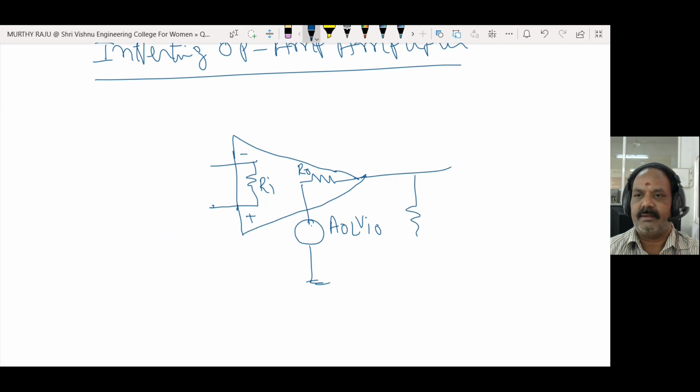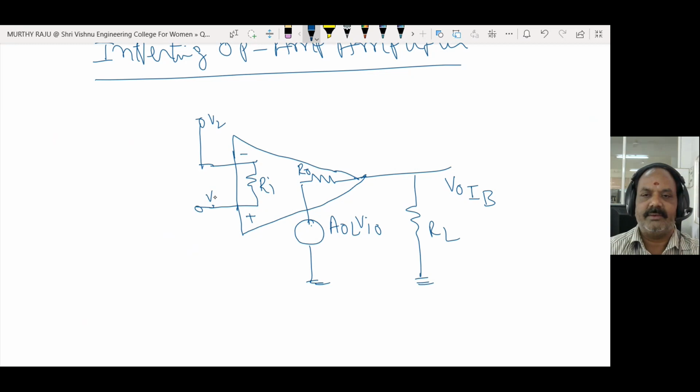This is the load resistance RL. Output offset voltage due to input bias current IB. This one is V2. This one is V1.